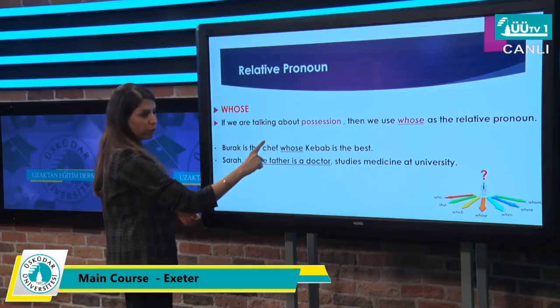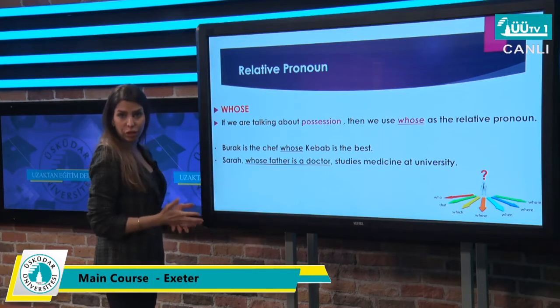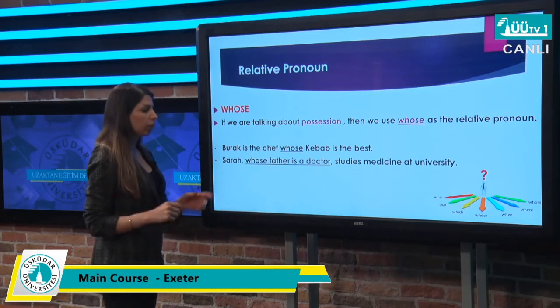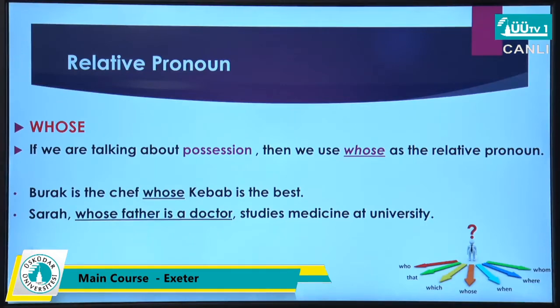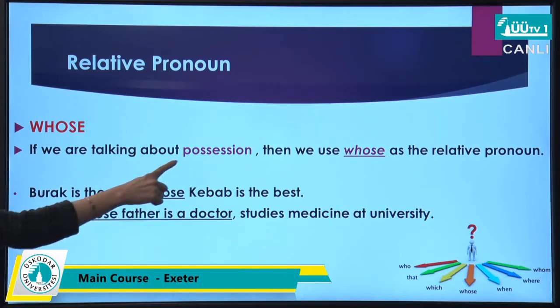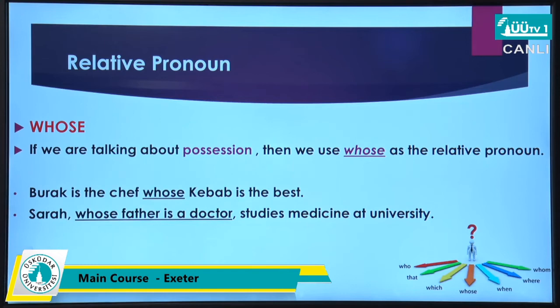So whose is talking about possession, whose kebab. Second sentence. Sarah, whose father is a doctor, studies medicine at university. This father belongs to Sarah. So whose father? So we use whose whenever we are talking about possessions.